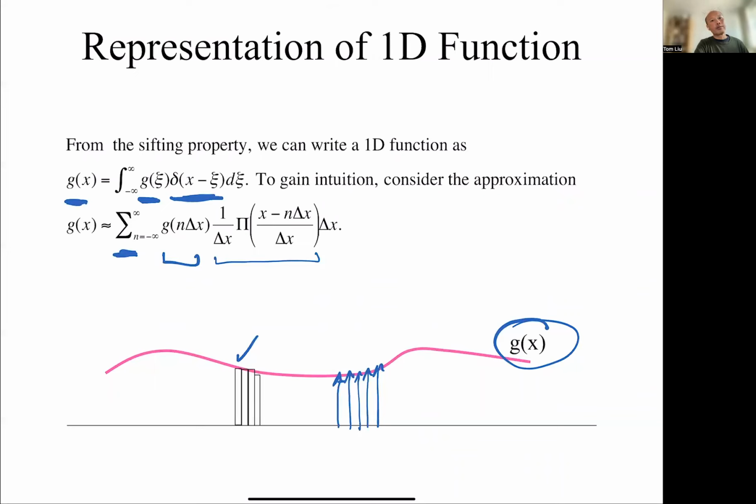The reason we want to do this is because we want to be able to write any function as a sum of shifted and scaled Dirac delta functions. In discrete time or discrete space, it's just a simple sum. In continuous space, it has to be an integral.